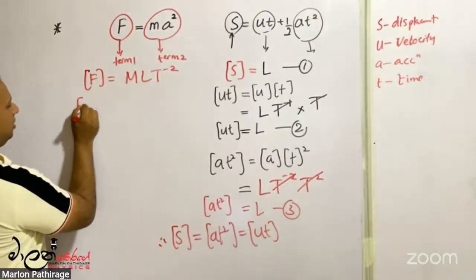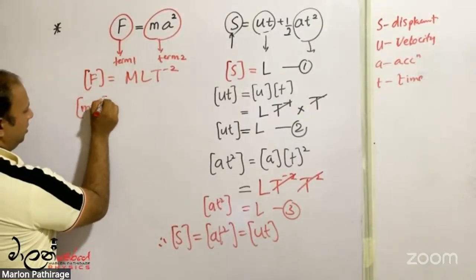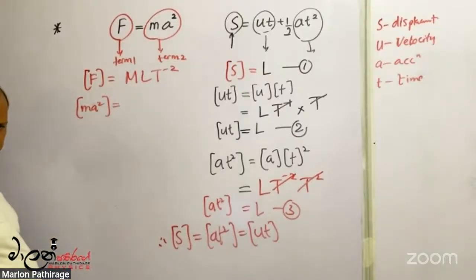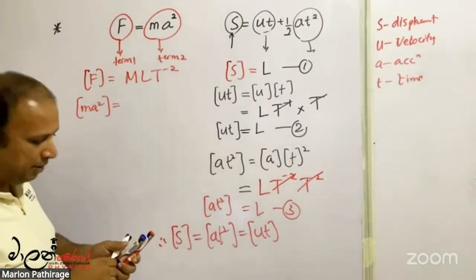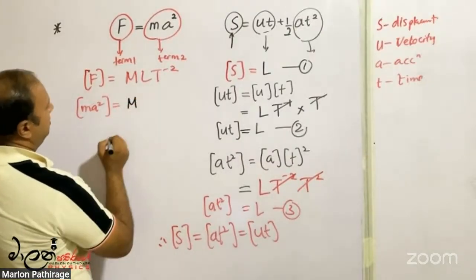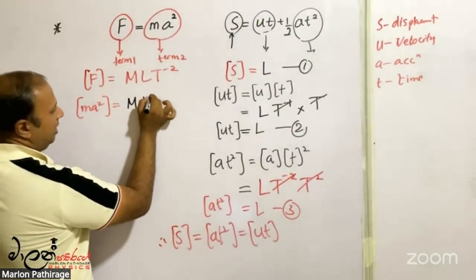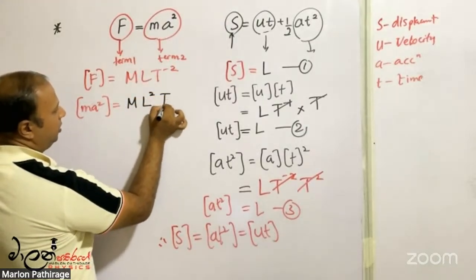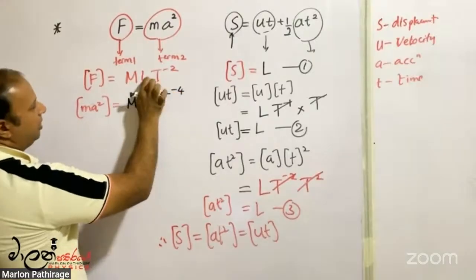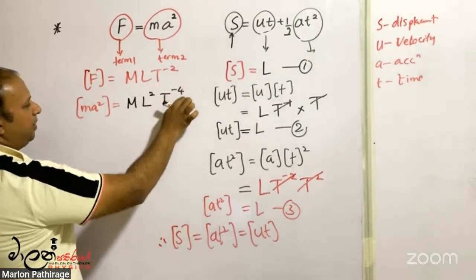Then the dimension of MA squared: M is mass, and A squared is the square of acceleration, that means L to the power 2, T to the power minus 4.